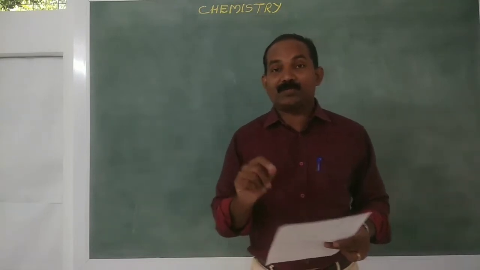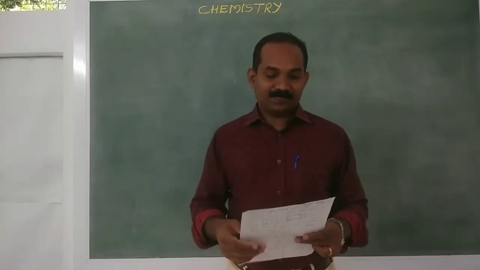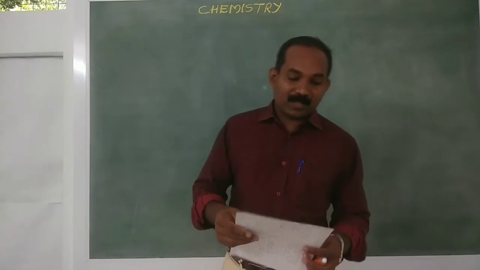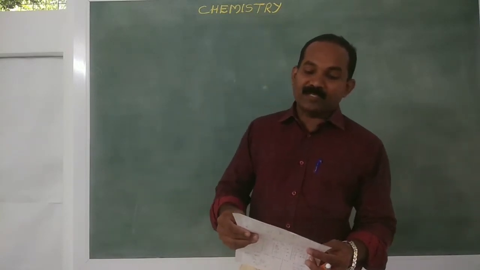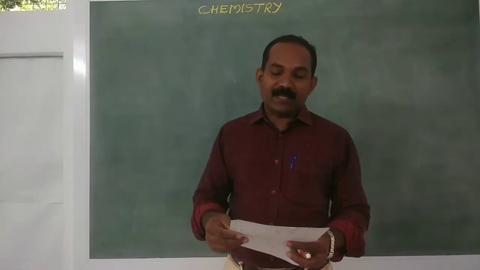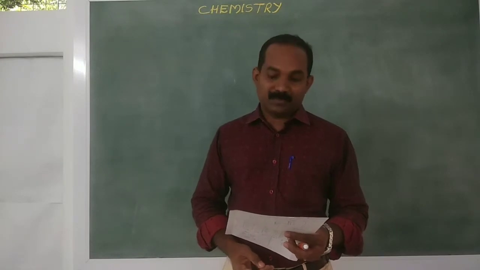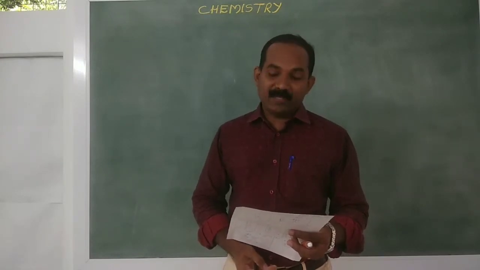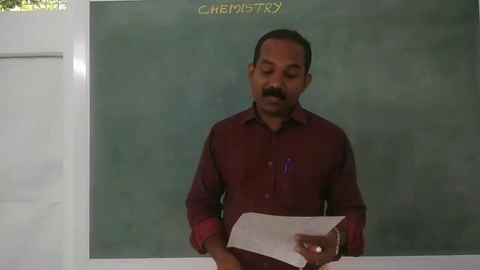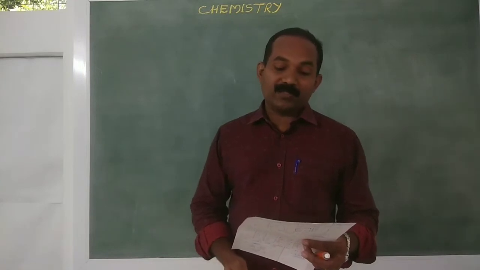The first question: from the following percentage composition of elements of an organic compound, find the molecular formula of the compound. Carbon is equal to 80%, hydrogen is equal to 20%, the molecular mass of the compound is 30.